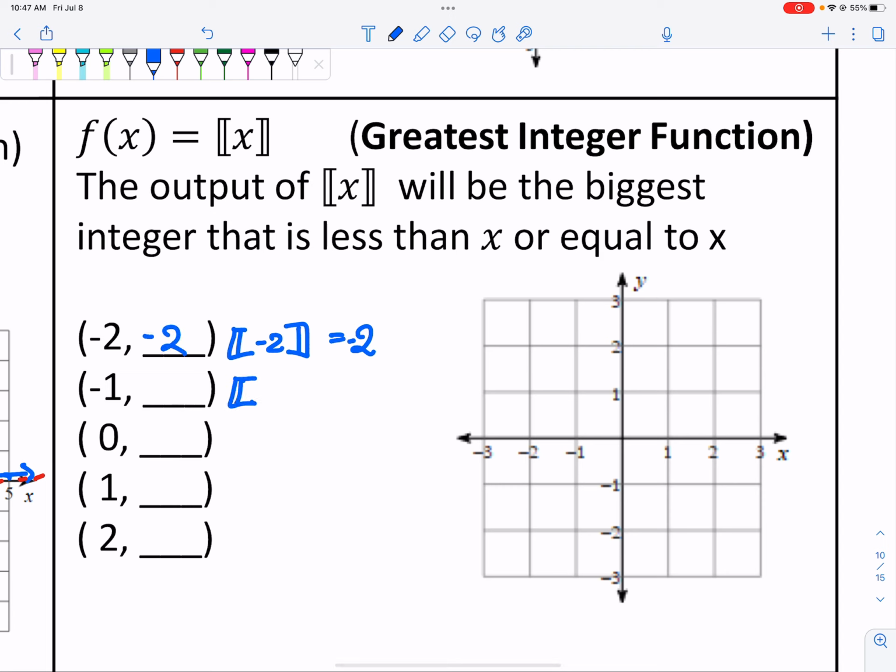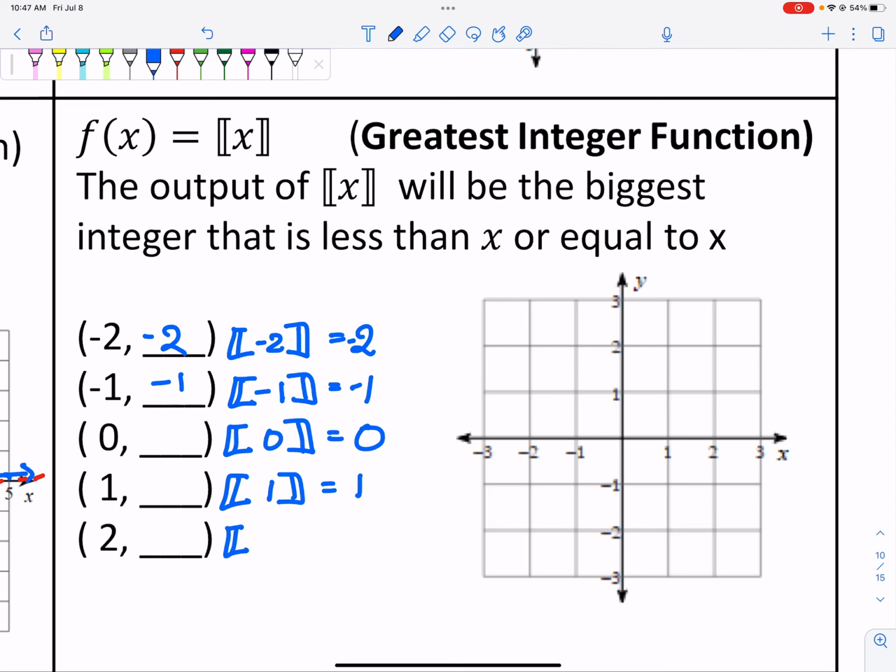The biggest integer that's less than or equal to -1 is going to be -1. The biggest integer that is less than or equal to 0, it can't be bigger than 0, is going to be 0. The greatest integer that's less than or equal to 1 is 1. It can equal 1. We want to find the greatest integer that's less than or equal to 2. That's going to be 2.